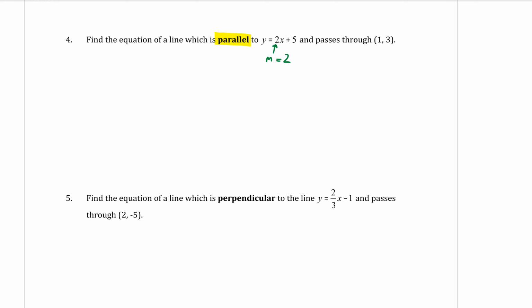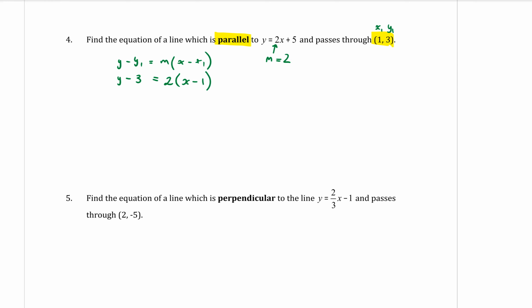So if I know the gradient is 2, and I'm also given this point, 1, 3, I can find the equation of the line using the point gradient formula that we learnt about last week. y minus y1 equals m bracket x minus x1. And we just have to sub in. The x1, y1 comes from the point. y take away 3 equals m is 2, x take away 1 for the x1.